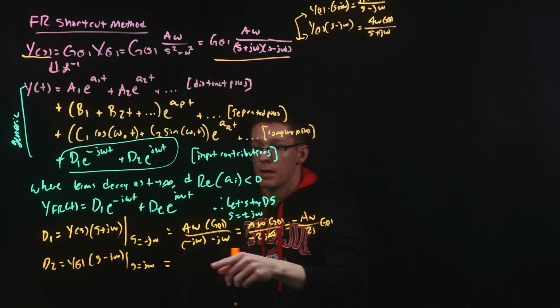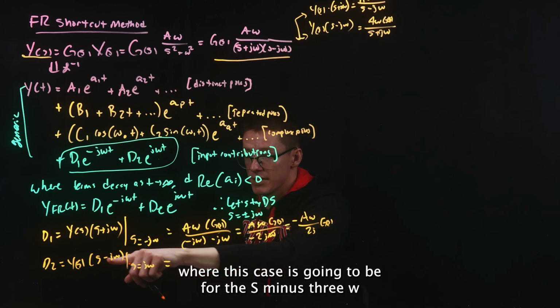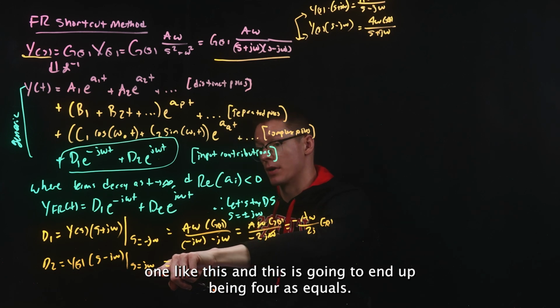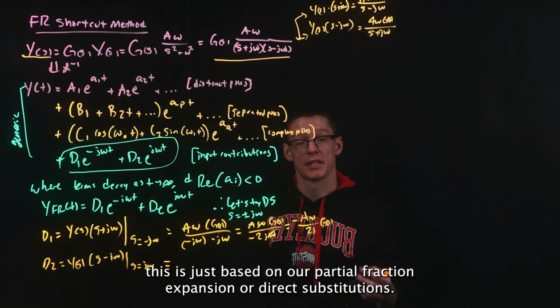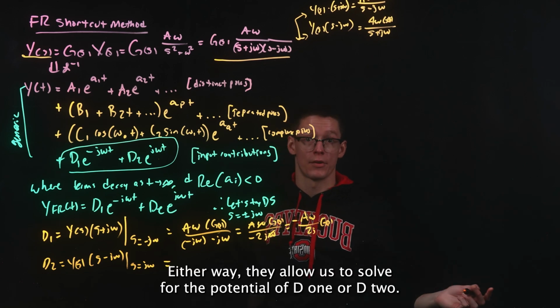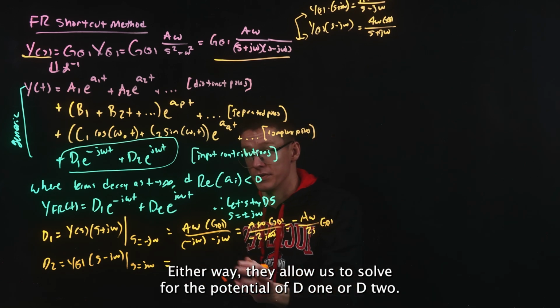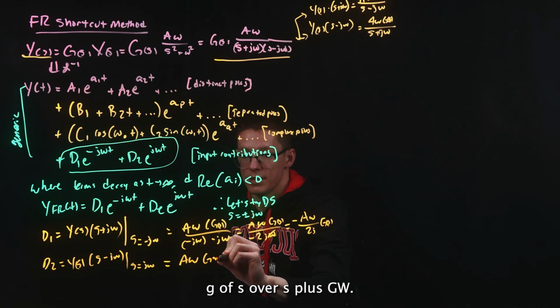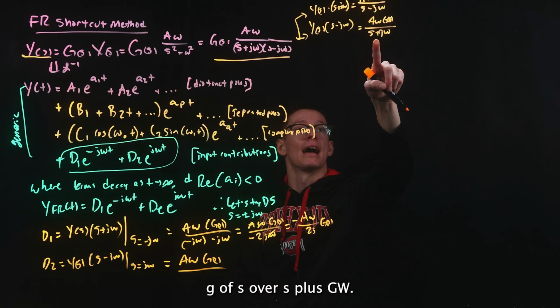And that works. Furthermore, for d2, we would consider the opposite condition, because really this just tells us two potential conditions here, where this case is going to be for the s minus jw one like this, and this is going to end up being for s equals jw. And now again, this is just based on our partial fraction expansion or direct substitutions. Either way, they allow us to solve for the potential of d1 or d2. So here, that would then be aw times g of s over s plus jw.